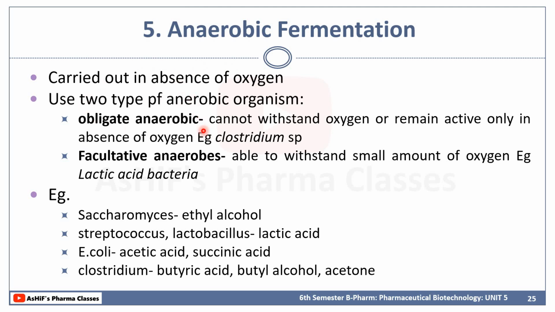There are two types of anaerobic microorganisms, obligate anaerobes as well as facultative anaerobes. Obligate anaerobes are microorganisms which cannot withstand oxygen and remain active only in its absence, for example Clostridium species. Some facultative anaerobes can withstand a small amount of oxygen, but grow better in its absence, like lactic acid bacteria.